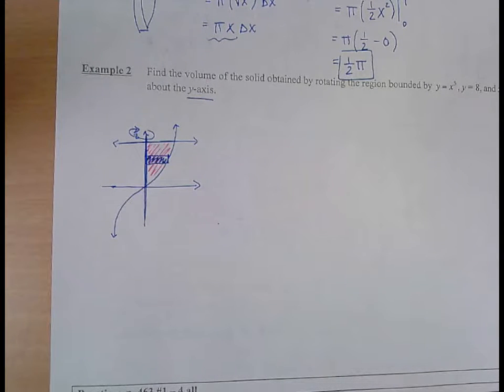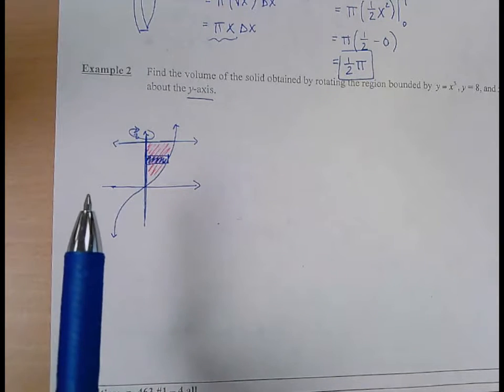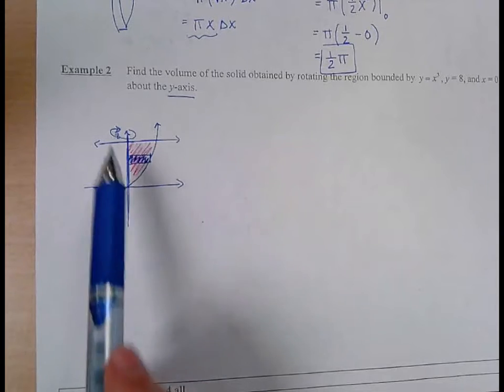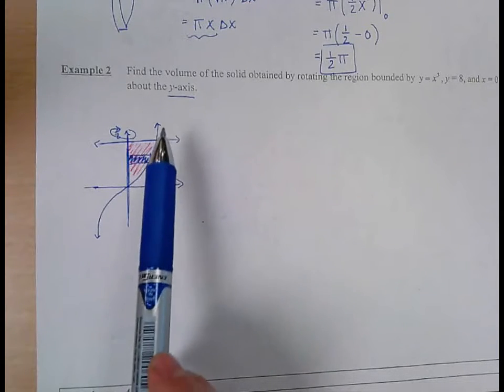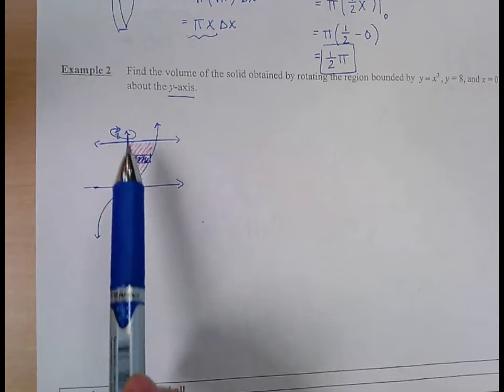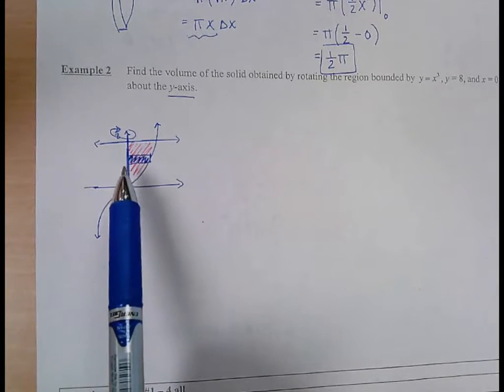Yes, you're going to be doing the right minus the left. You have the x cubed would be the right, and then your y-axis, x equals 0, would be your left.